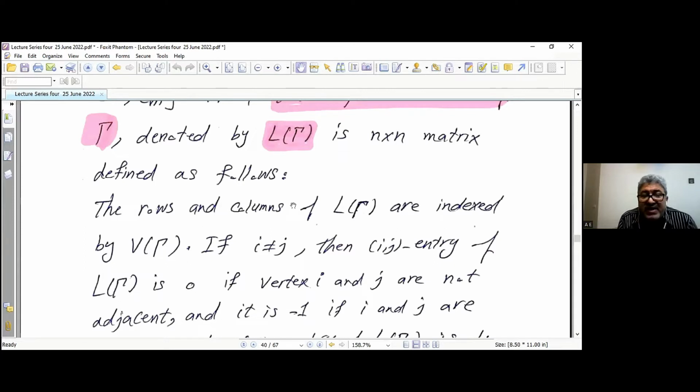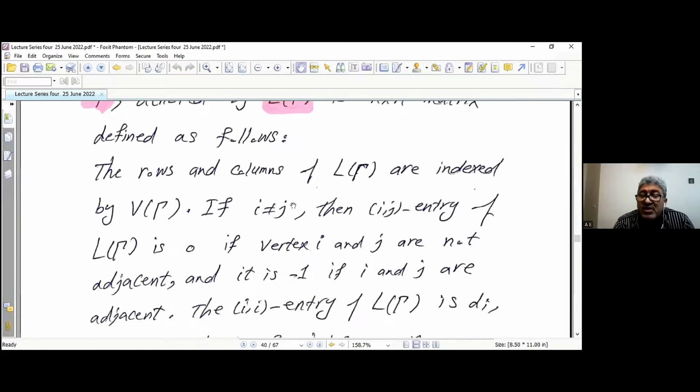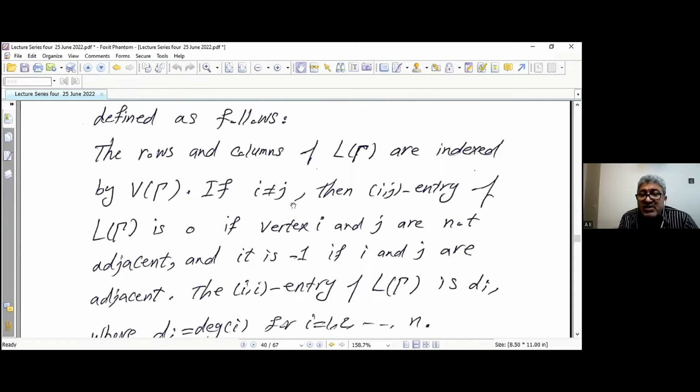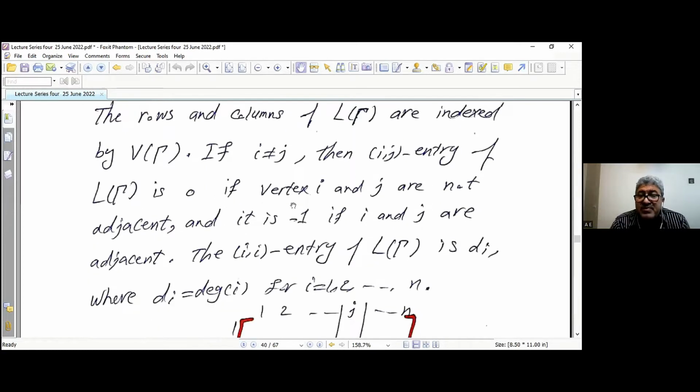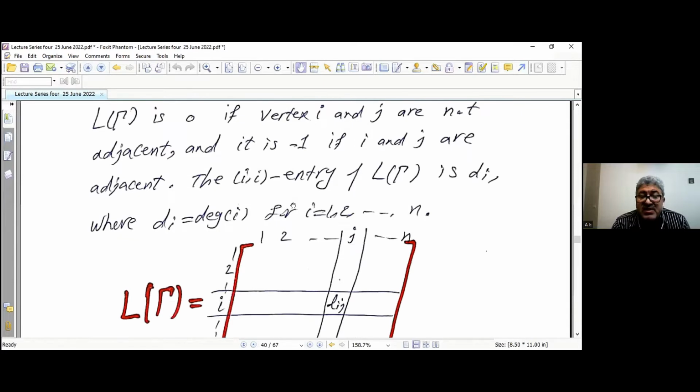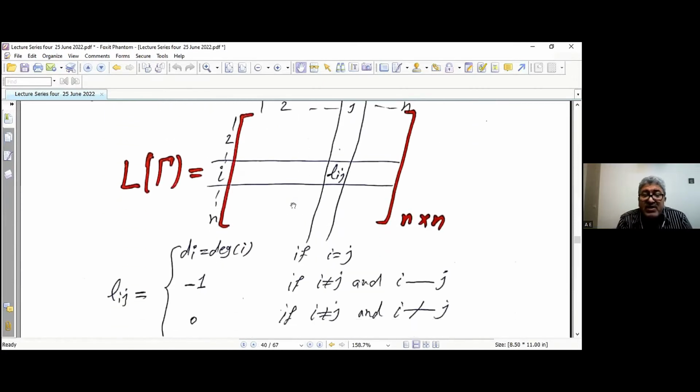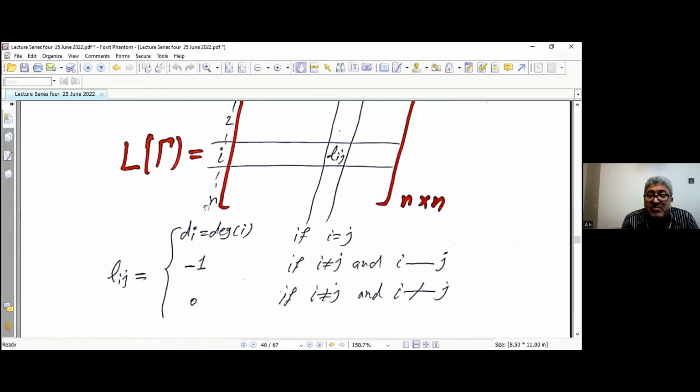So we have n vertices, and the Laplacian matrix is an n times n matrix.